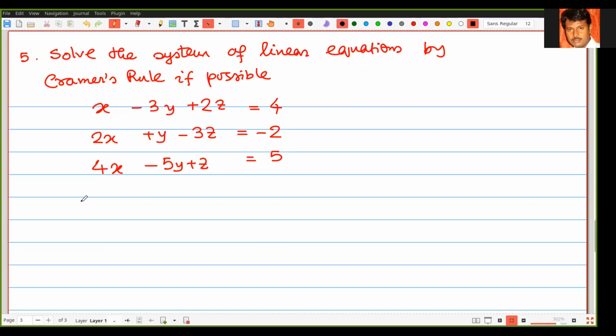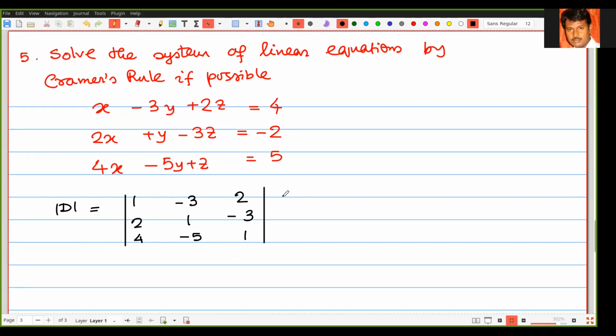So for Cramer's rule, at first we have to find out the determinant of the coefficient matrix. Let's check what is the determinant of the coefficient matrix. 1 minus 3, 2, then 2, 1, minus 3, 4, minus 5, and 1.